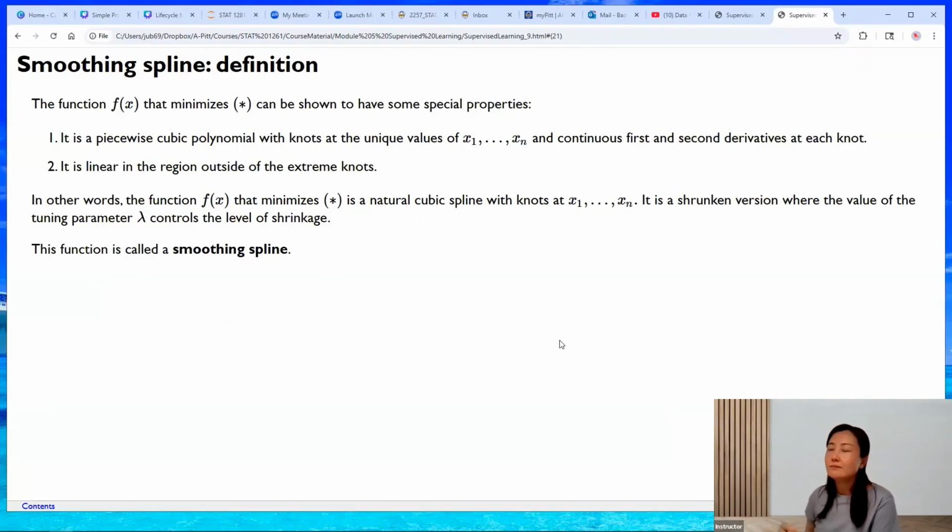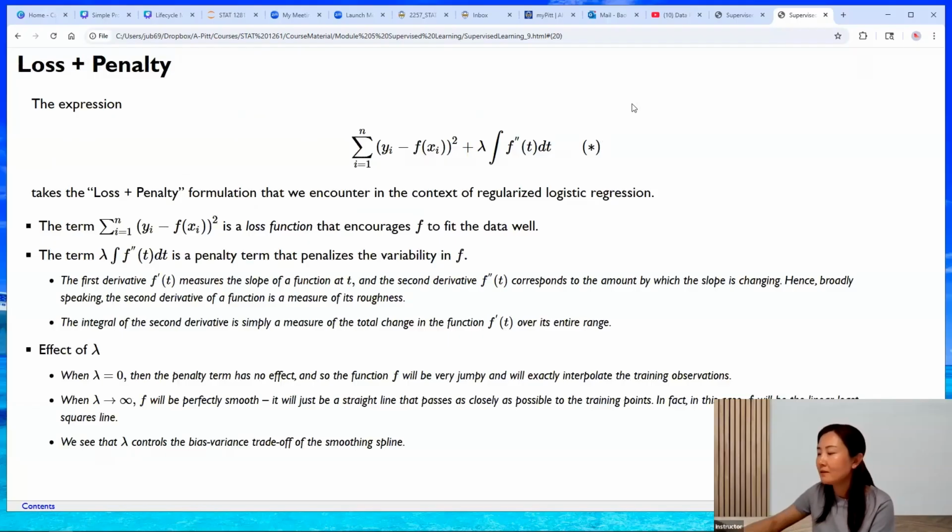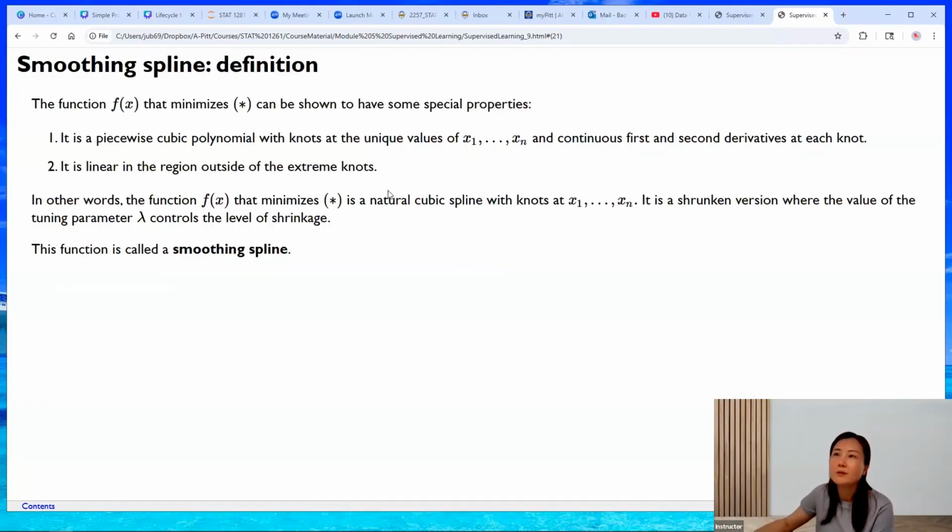All right, then let's see. Researchers have derived the optimal model for a smoothing spline. They have some special properties, the optimal model. The function f that minimizes the asterisk, which is this function, the overall loss function, has the following properties. It is a piecewise cubic polynomial with knots at unique values of x and continuous first and second derivatives at each knot.